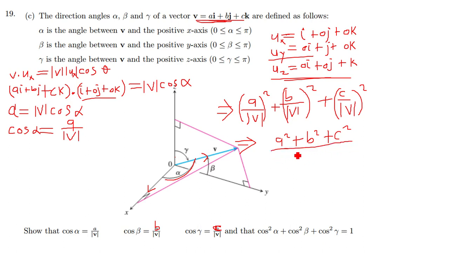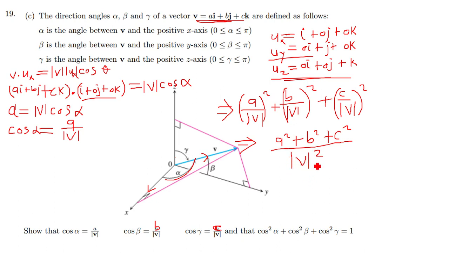I've just skipped one step there, where I should find the common denominator, which is just the magnitude of v squared. Now, how do you find the magnitude of v squared?